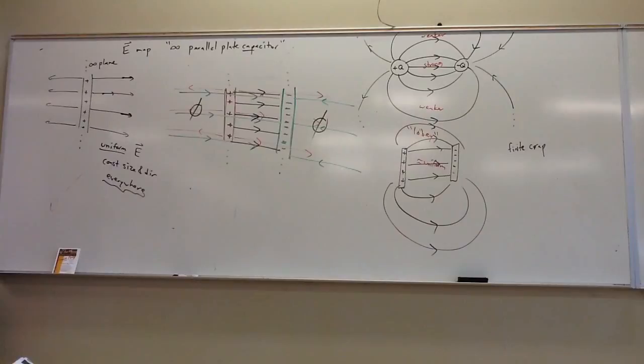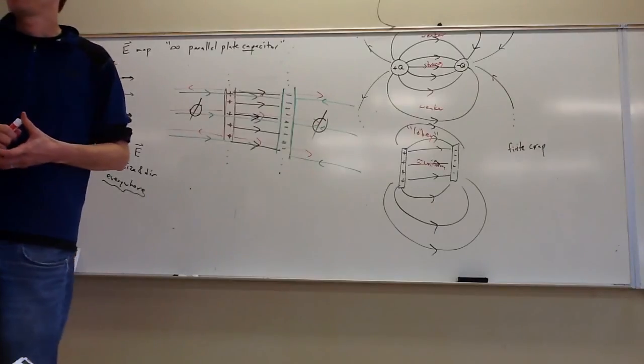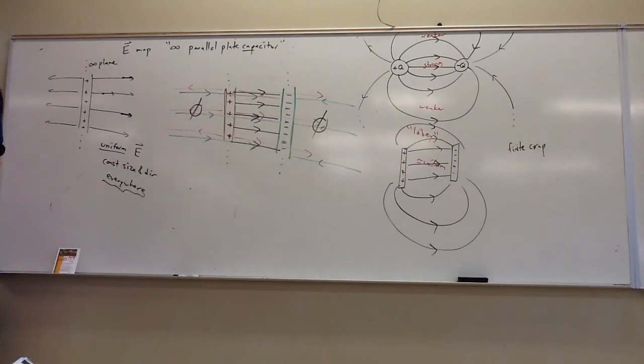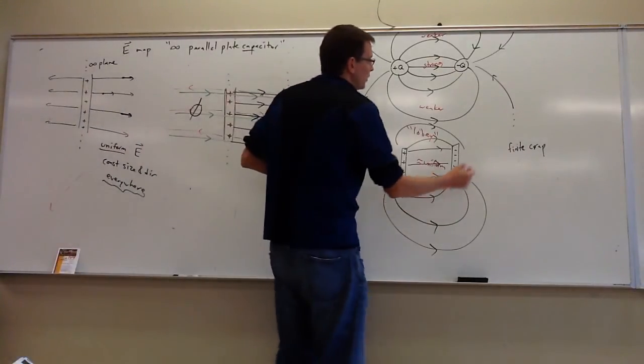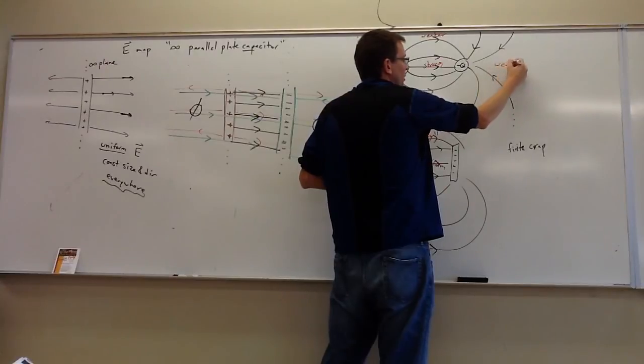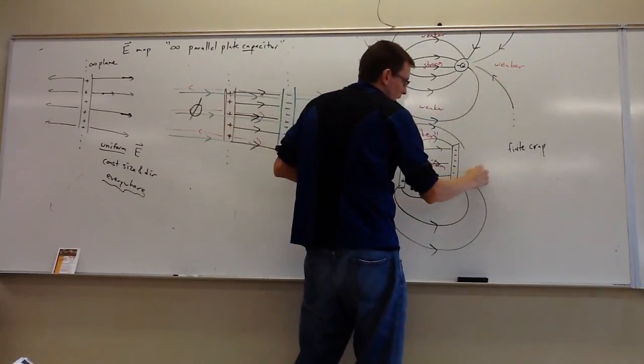So it's kind of like the marriage of the two, right? The point particle dipole field map and the infinite cap map. And I guess I should say, the electric field, we know that it was weaker out here. It's even weaker out here.